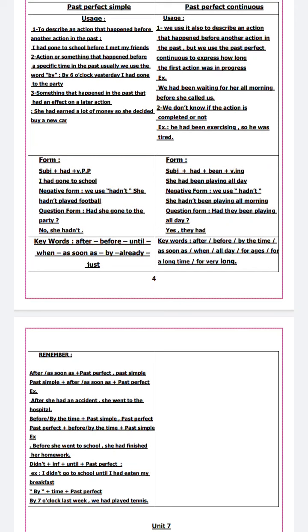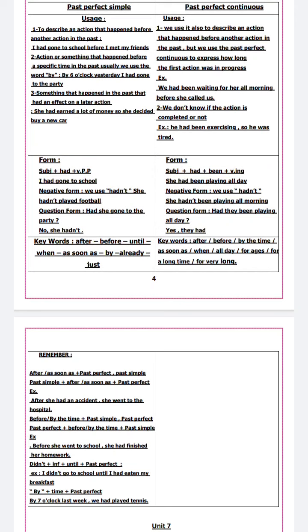Let's go to the other example. Let's talk about before. Before or by the time at the start of the sentence is followed by past simple, then the past perfect.